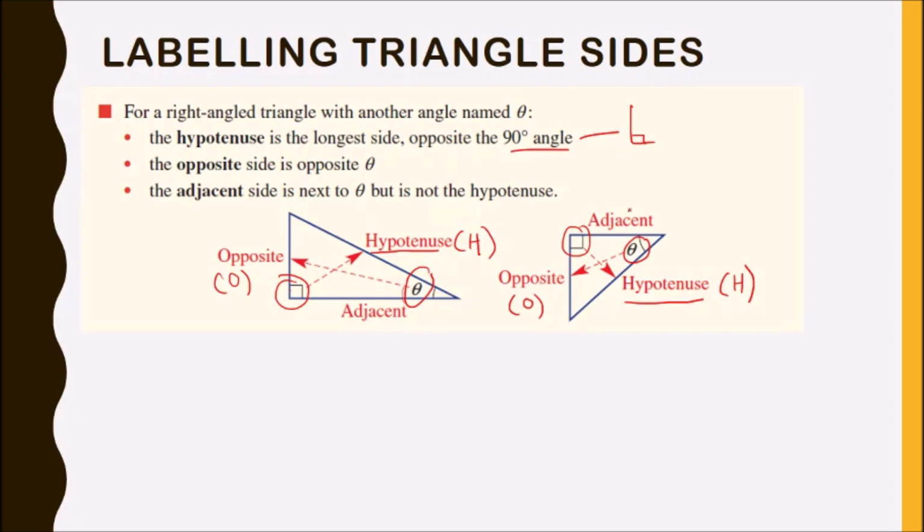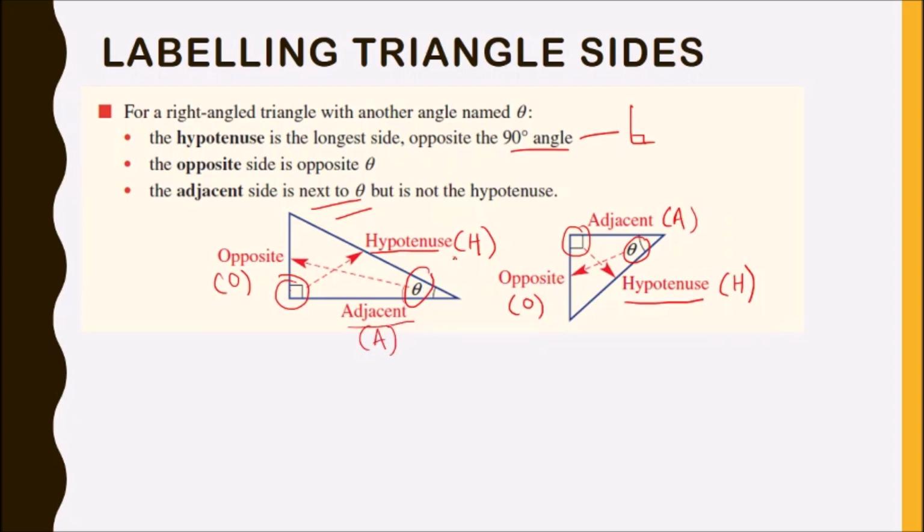Now the remaining side is the adjacent, denoted by A. So it is next to, that's the key word, next to the theta angle, but it is not the hypotenuse. So we can see that here, the hypotenuse and adjacent is always next to each other.